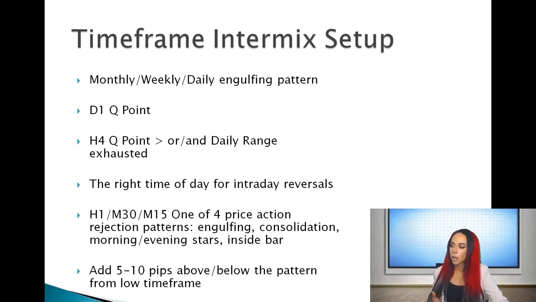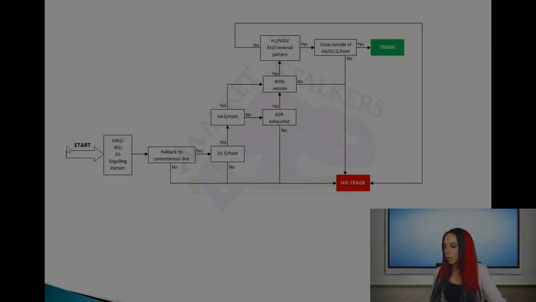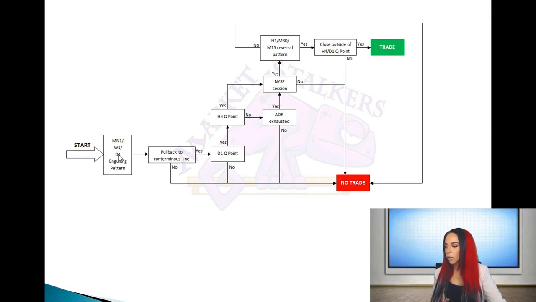So with that, let's have a look at the flow diagram to help you out with visualizing this process. Starting on the left, the very first condition that kicks off this whole process is to have an engulfing pattern on one of these time frames, monthly, weekly, or a daily chart. Then moving to the right, to the next box, you need to have a pullback to the conterminous line of this engulfing from the large time frame.